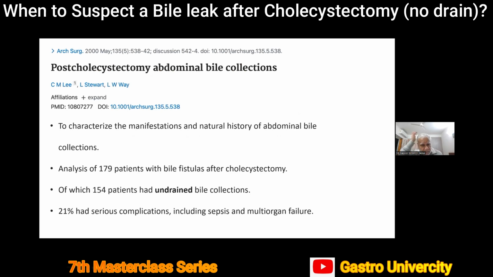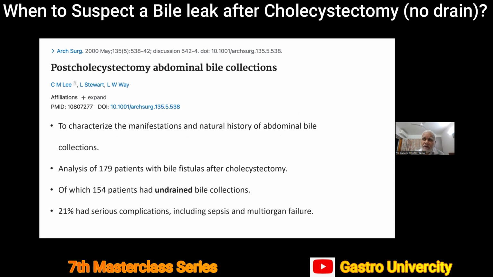So again, Kailash has quoted a report of these patients who had undrained bile collections, and undrained bile collections resulted in serious complications, including sepsis and organ failure. If there is bile in the peritoneal cavity, it has to come out.